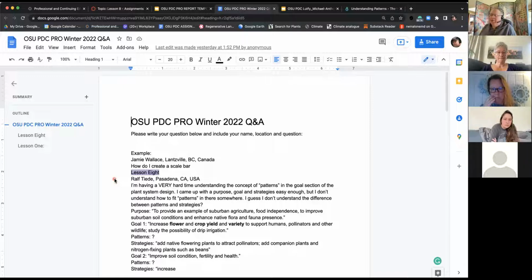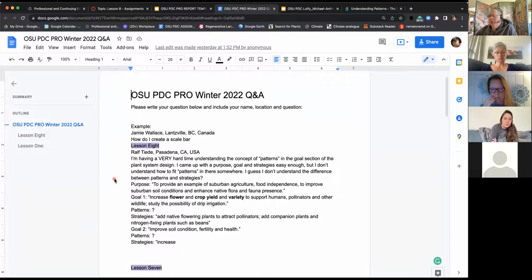Yeah, it's a great question because this comes up quite often and it can be a little bit confusing to try and decipher what a pattern is. And even in the permaculture designer's manual, there's a pretty big section on patterns and what are they?